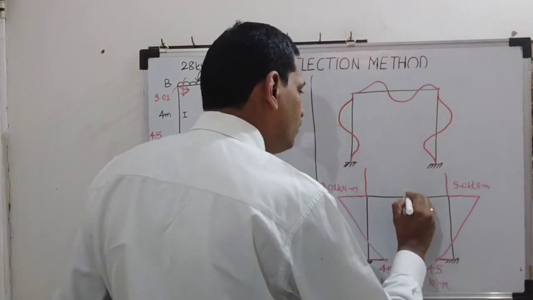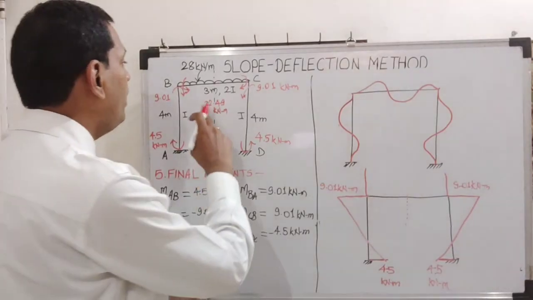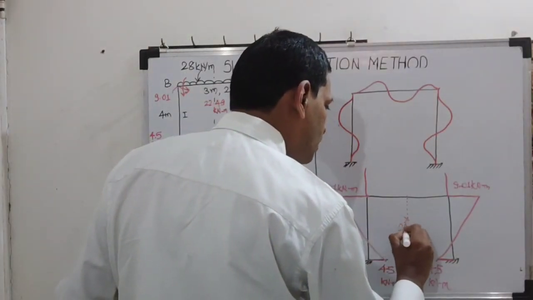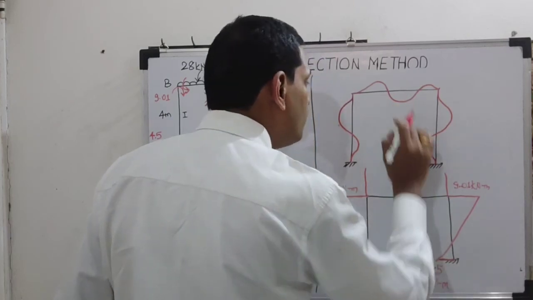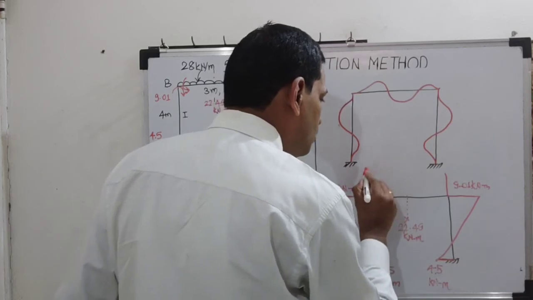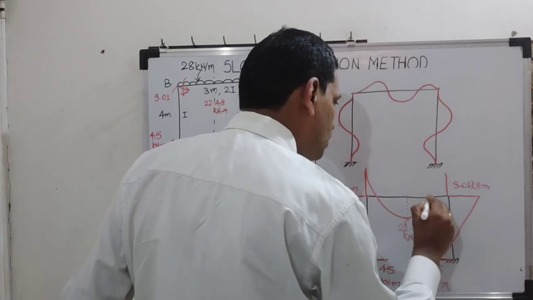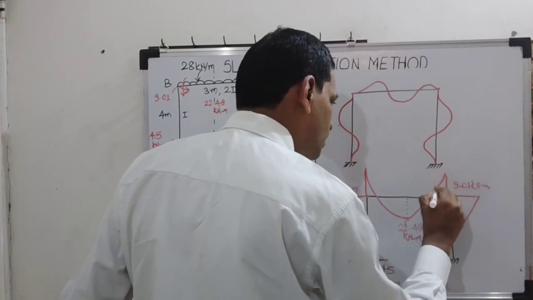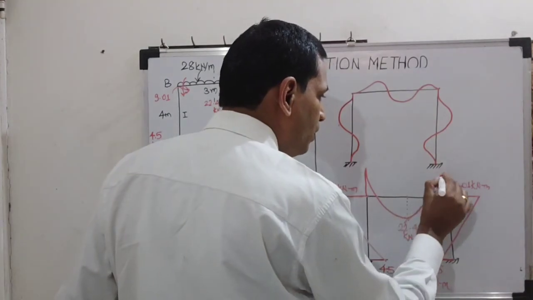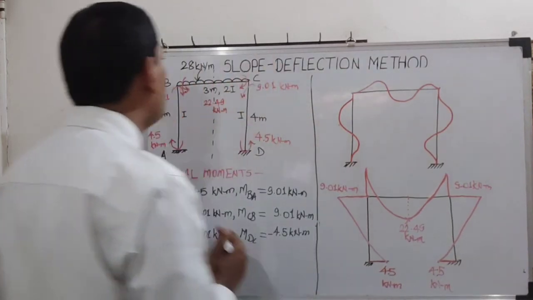One more value we have to show, it will be at exactly midspan of the beam. Value is 22.49. I am going to show it below. Why? Its deformed shape is below. And joining these 3 points will be parabolically. Why parabolically? Because load is UDL.